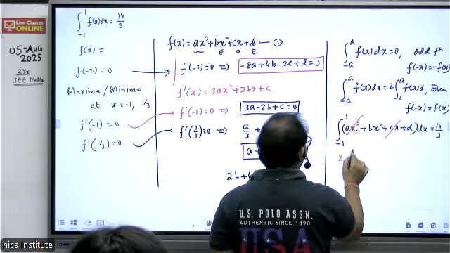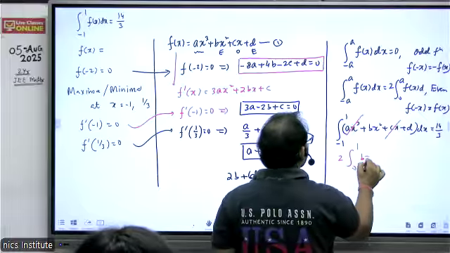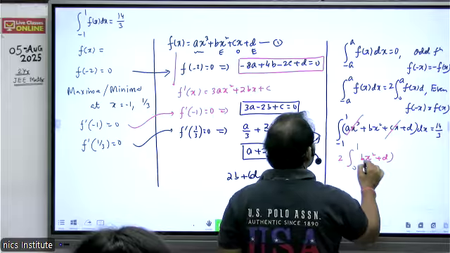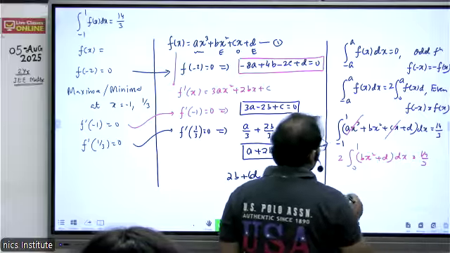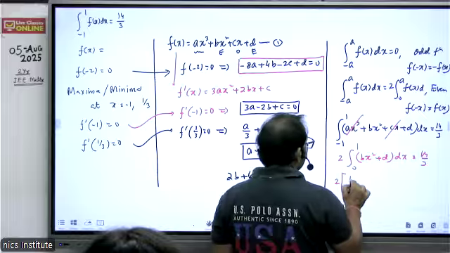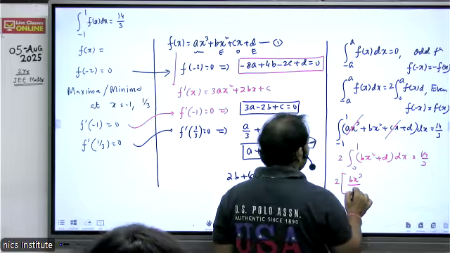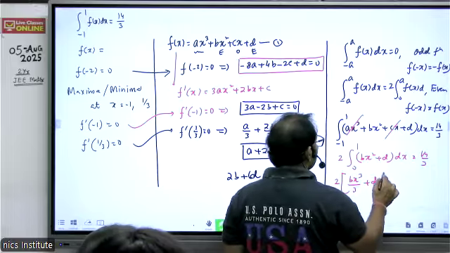And this would be now twice integral 0 to 1 of bx square plus d, dx, equal to 14 by 3. So when you integrate this, it will be bx cube by 3 plus dx, limit 0 to 1.